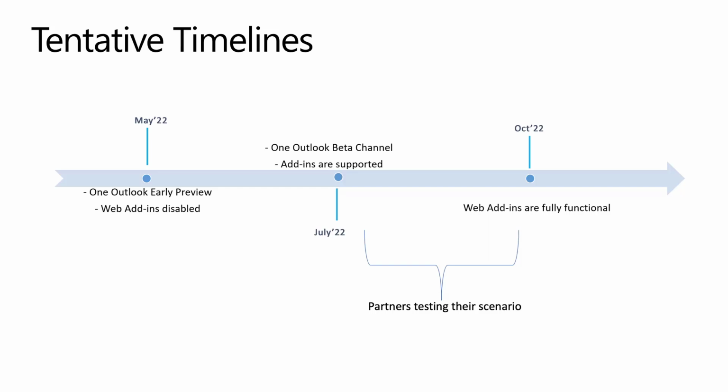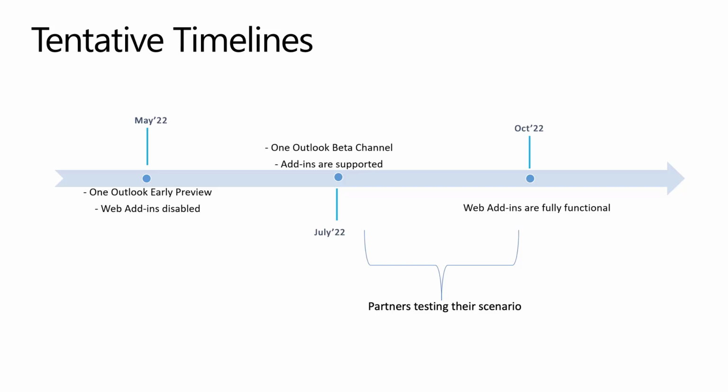Yeah, sure. So yes, the idea is that One Outlook is going to allow multiple accounts eventually. So if you turn it on right now, you will see what's available right now. There's a roadmap for the product to include most of the capabilities that you have today in Win32. So the idea is that yes, we will have support for multiple accounts.